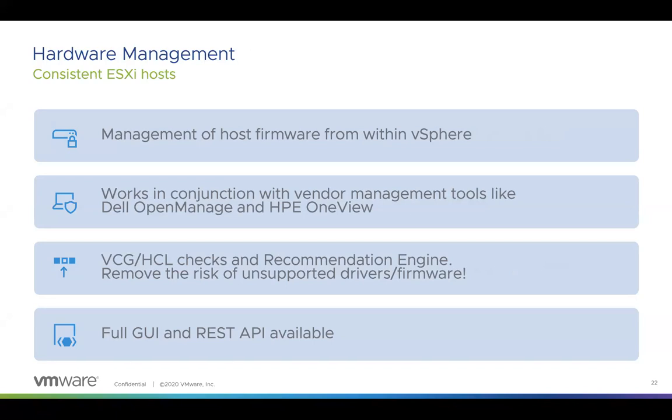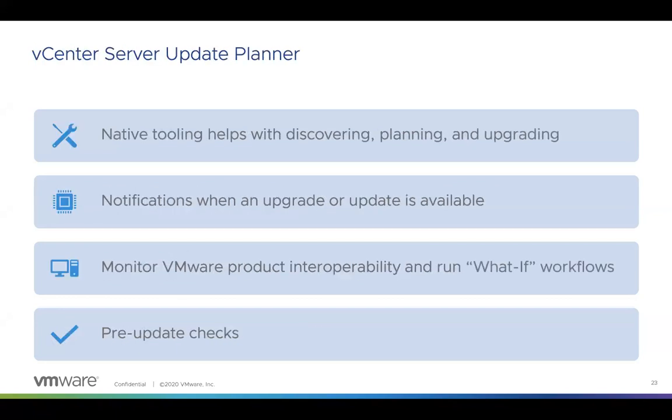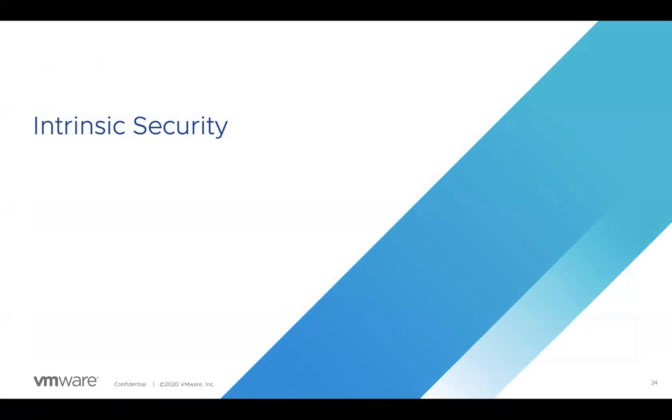So what we have provided is a recommendation engine, which will tell you what is a compatible driver or firmware. You can download that firmware and upload that entire thing as a repository. Then the vSphere Lifecycle Manager will take care of upgrading the firmware, drivers and ESXi image, everything. But yes, it does require you to upload those images.